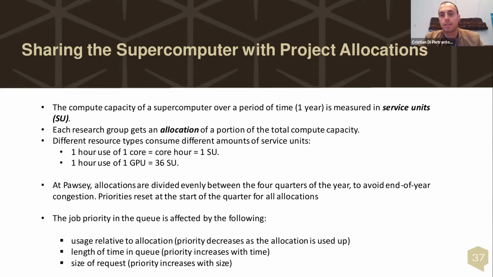But the point here is that once you have this definition in place, you can quantify the amount of compute capacity available throughout the year on a supercomputer. The unit of measure is the service units.